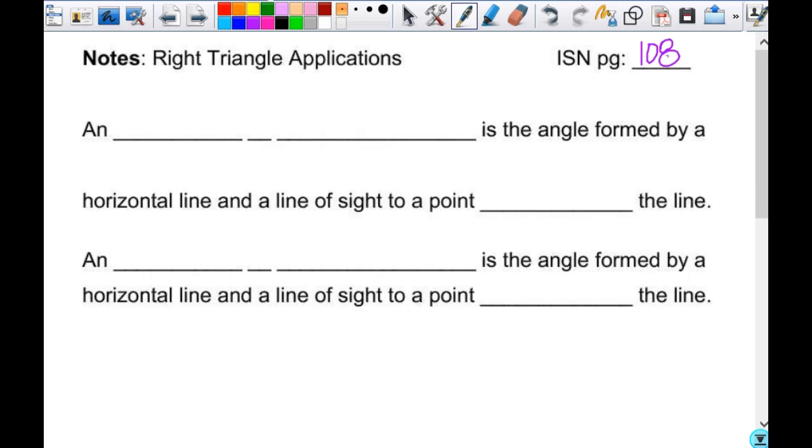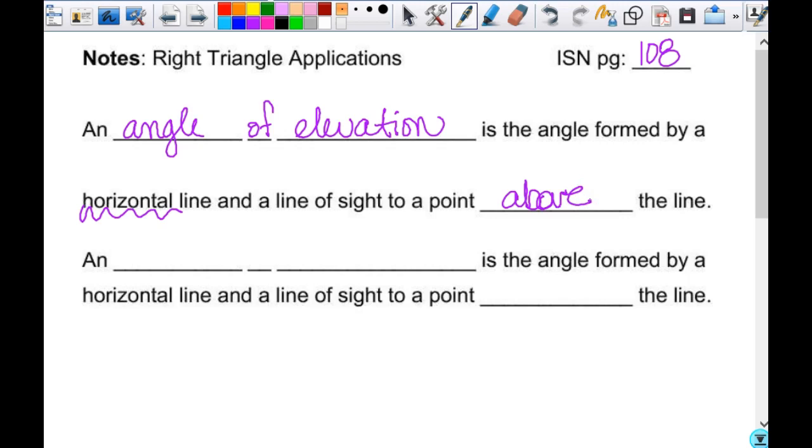So here's what goes next. An angle of elevation is an angle formed by a horizontal line, and that horizontal word is so important, a horizontal line and a line of sight to a point above the line.